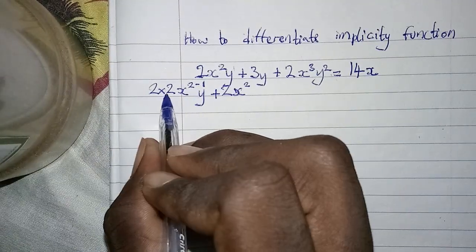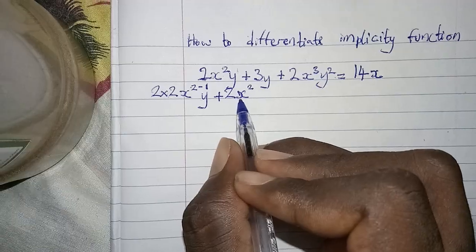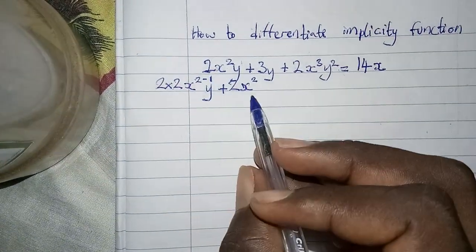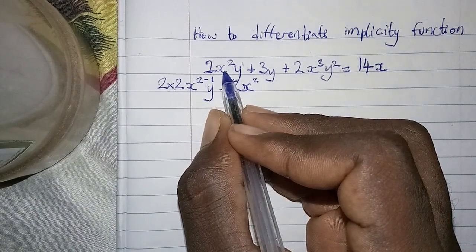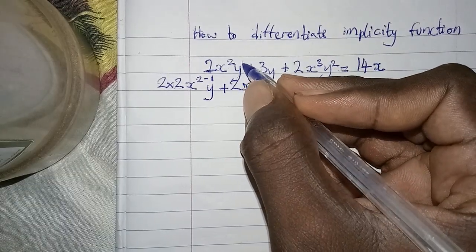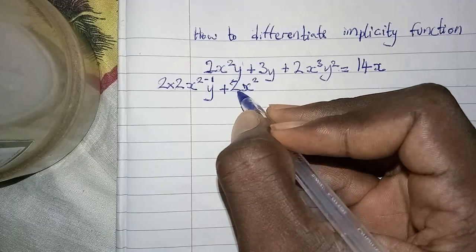We did this for the x, so we are doing it for the y. So y, we have 1 here, 1 times 2 will give you 2.